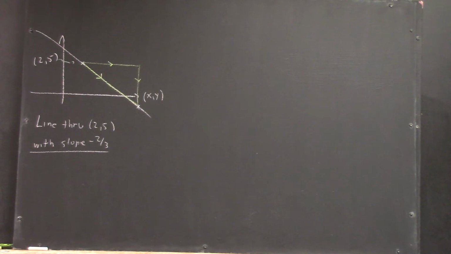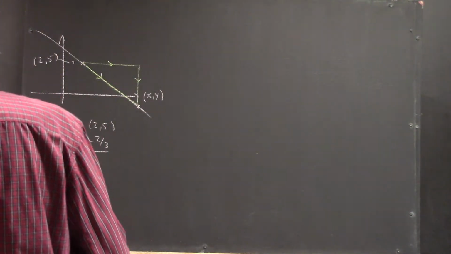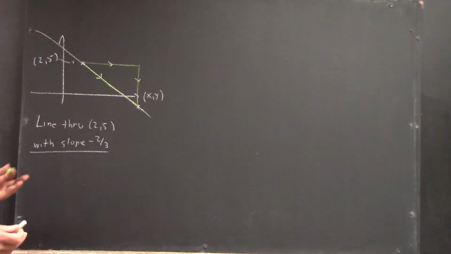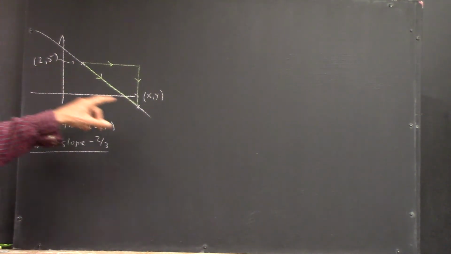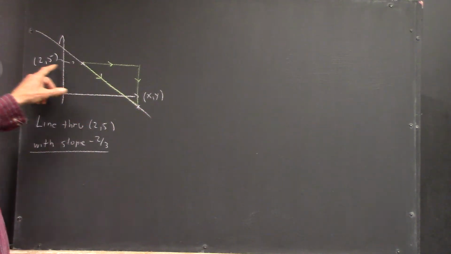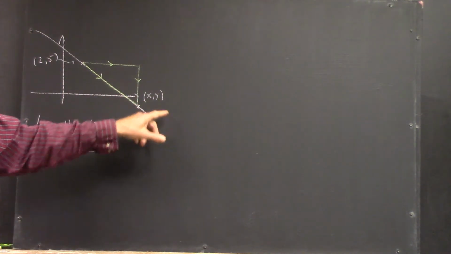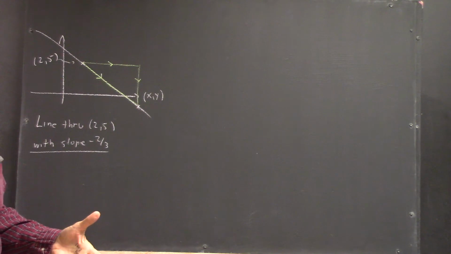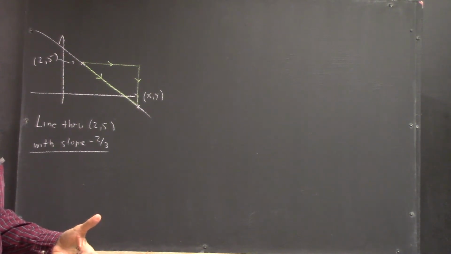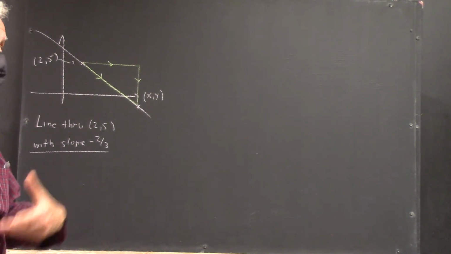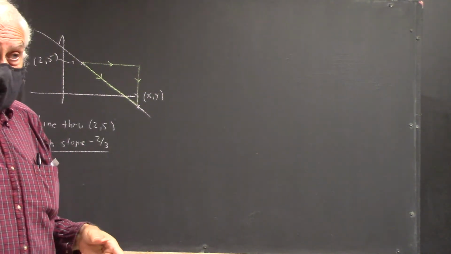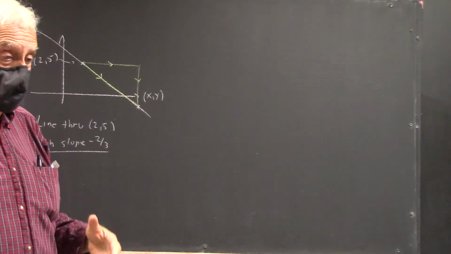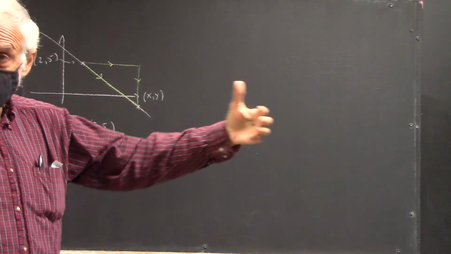Okay, I didn't look at everybody's paper, but as I might have anticipated. Okay, what's the run from 2, 5 to x, y? How do you get the run? If you've been doing the fundamental triangles like I've said, you're going to write out run equals like 7 minus 3 equals 4, right?